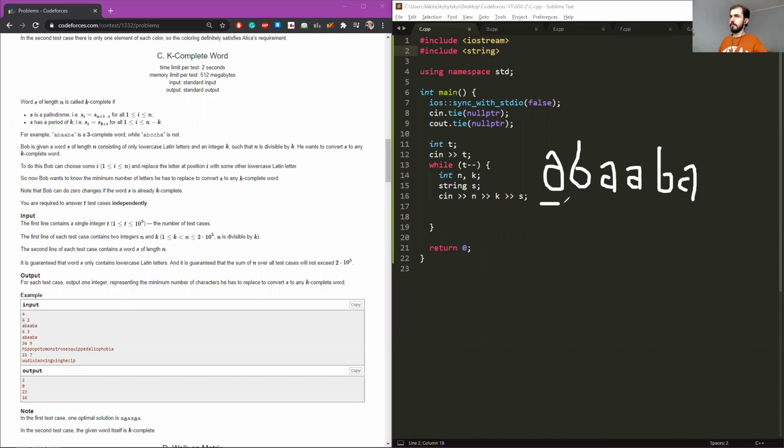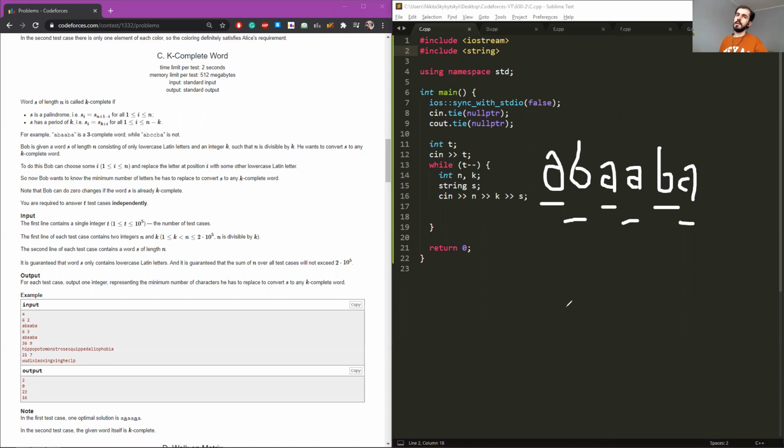What does it mean to have a period of 2? It's like every second should be the same, and also every second from the end should be the same. And the same with this one. If these two are the same, we don't care.